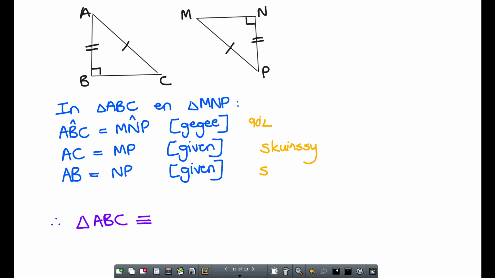Sien julle dit? PNM. Okay, and my reason would be English people, RHS, right angle hypotenuse side, of Afrikaanse mense RSS, want is reghoek, skynsy, sy. Alright, so now we've gone through all 4 of them.